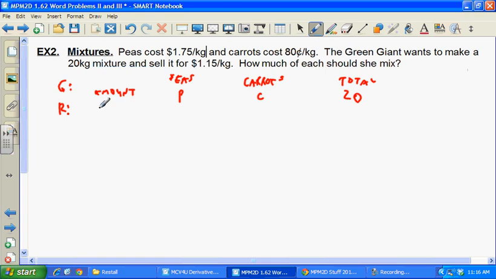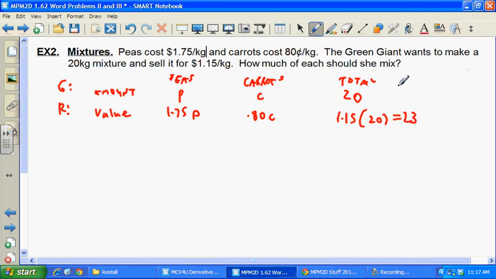Then again, we have this value line, right? Well, what's the value of the peas? That's $1.75 times P. The value of the carrots is, notice that it was in cents, but I got to change that to dollars so the units match up. Now, what's the total value? Well, each kilogram is worth $1.15, but there's 20 kilograms, so the total value is 23.